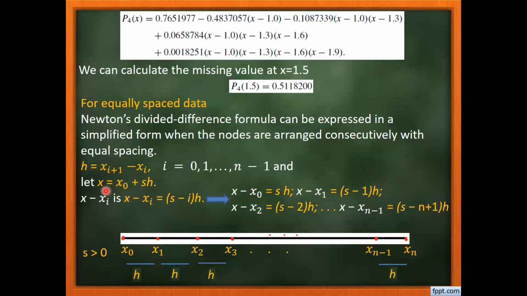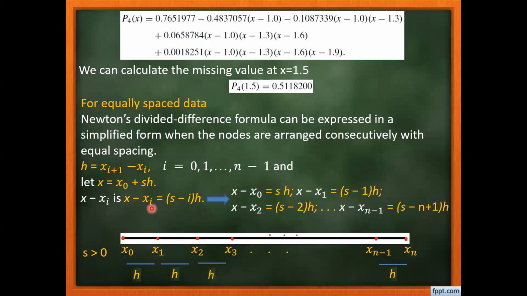Now, I can link this with x minus xi. x minus xi is x0 plus sh minus x0 plus ih. By simplifying this expression, what I will get is x minus xi equals s minus i times h.